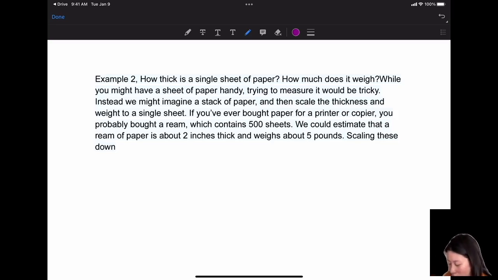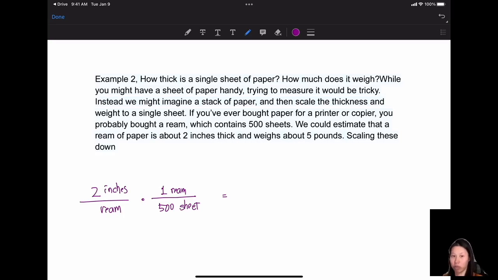Okay, so a ream of paper is 2 inches thick, and each ream contains 500 pieces of paper, 500 sheets. So when you do the math, we will have 0.004 inches per sheet.